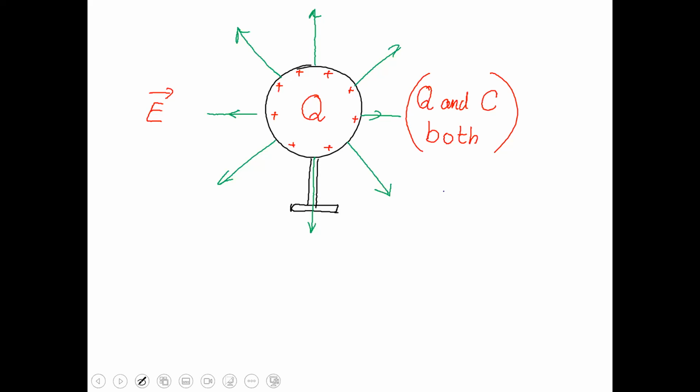When a metal sphere is charged, it acquires capacitance. Now you have to copy this screen.